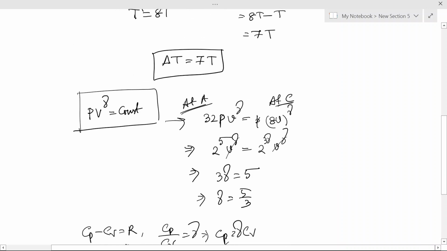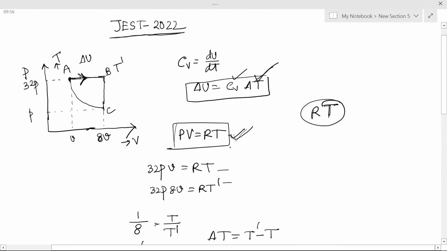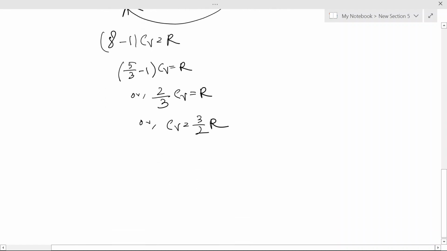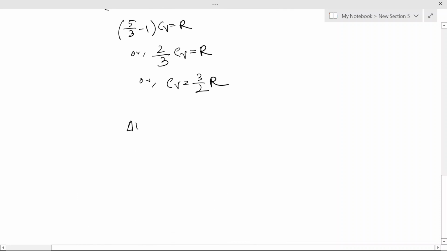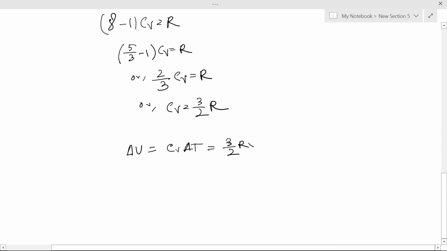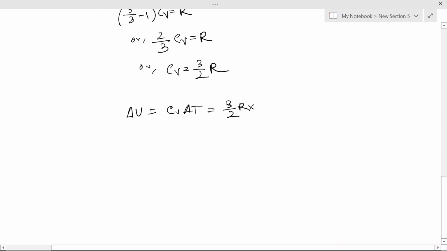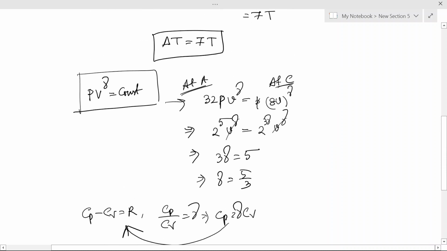So now simply put Cv and delta T in this equation. So this gives us delta U is equal to Cv into delta T, which is 3 by 2 R into delta T. We earlier found delta T is equal to 7T.